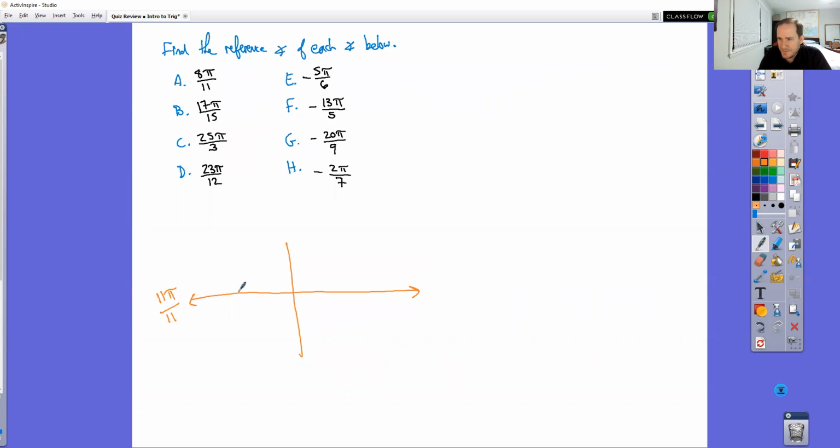It's 3 pi over 11 radians away. So if you can sketch in that 8 pi over 11 is here, then the difference between that angle and the x-axis is just 3 pi over 11. And that by definition is what your reference angle is. It's that extra piece that gets you down to the x-axis. So 3 pi over 11.